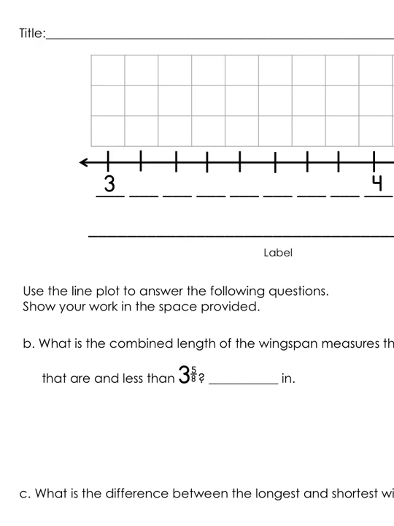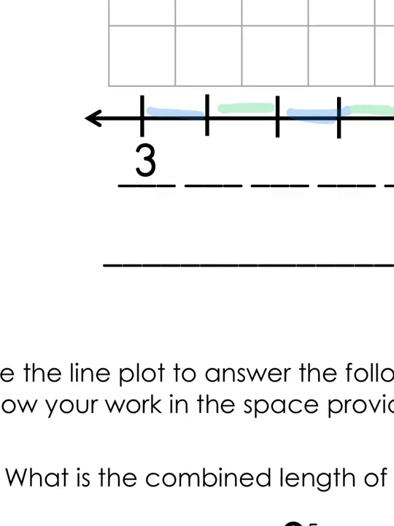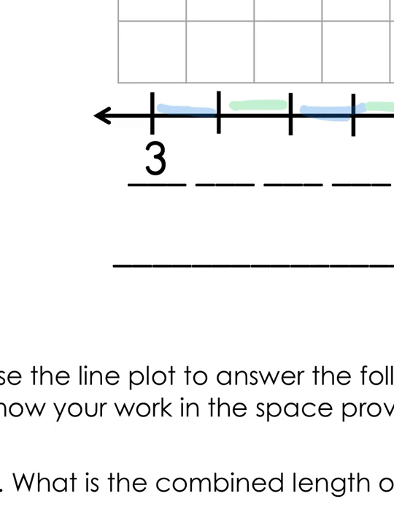These hash marks represent intervals of eighths of an inch. There are 8 spaces between the 3 and the 4. So another way of thinking about 3 wholes is 3 and no eighths.